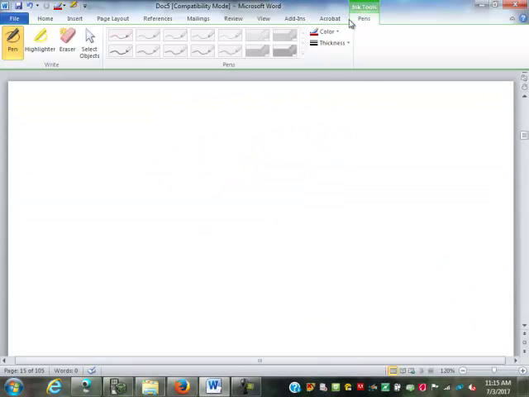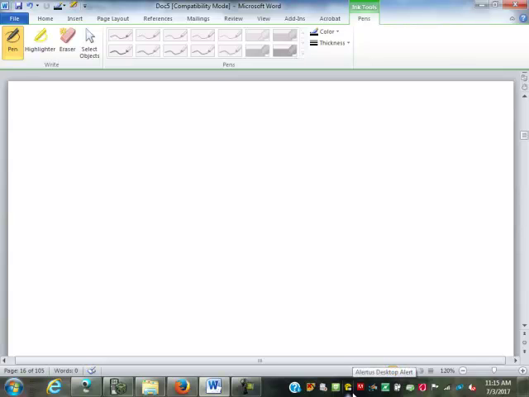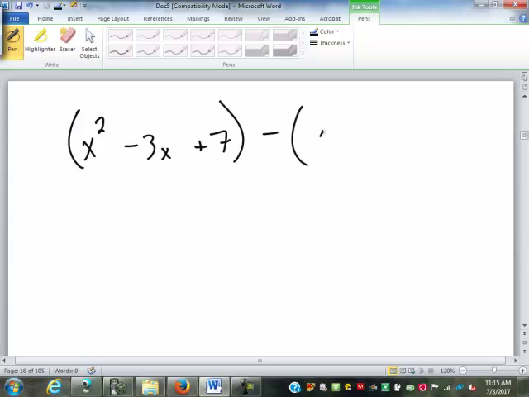Okay, the next type of equation we're going to look at looks something like this. Now, as we look at this, at first glance, we see the x squared in there.